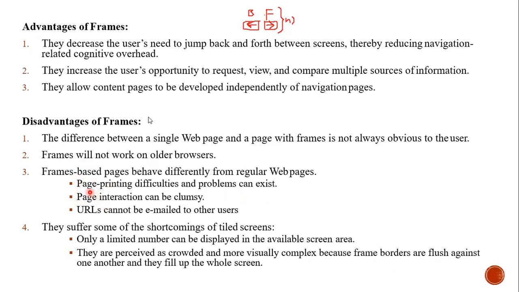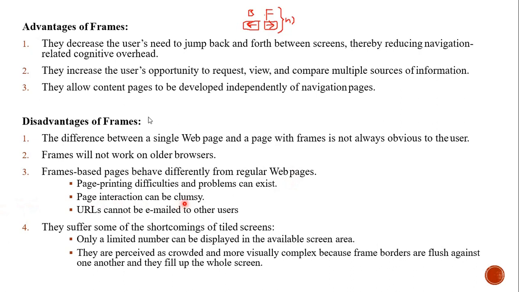Suppose you are representing the web page in terms of frames, there will be difficulty in printing the contents of the screen. But in regular web pages, this will be directly provided. You might have seen on the window itself there will be a print button. Directly you can print the content which is presented on the web page.